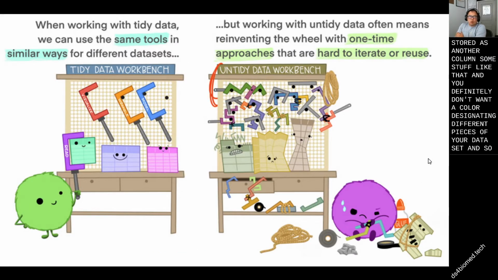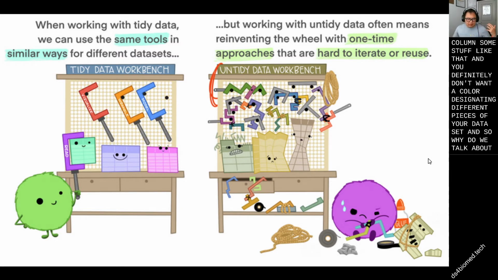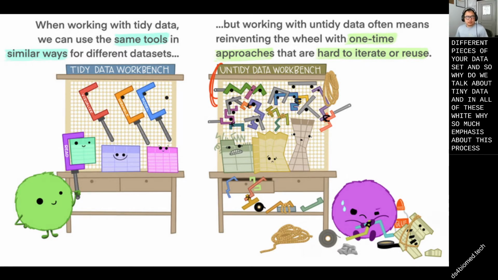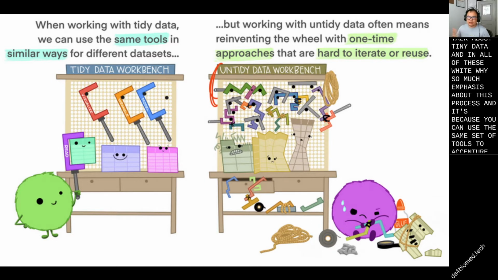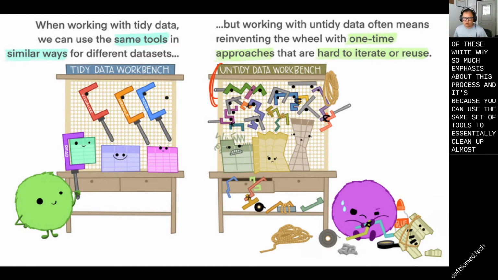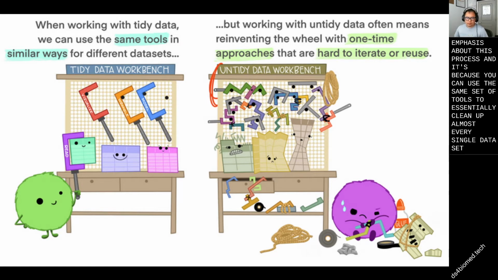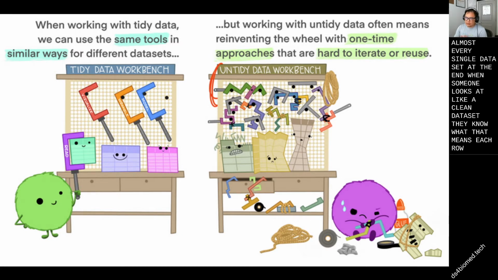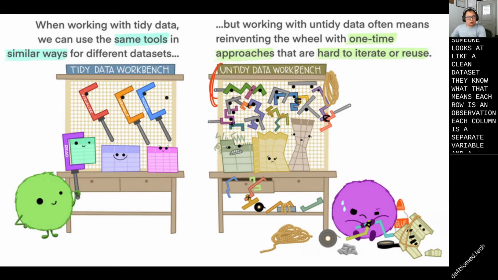And so why do we talk about tidy data in all of these? Why so much emphasis about this process? It's because you can use the same set of tools to essentially clean up almost every single data set. At the end, when someone looks at a clean data set, they know what that means. Each row is an observation, each column is a separate variable, and then each cell only has one thing.